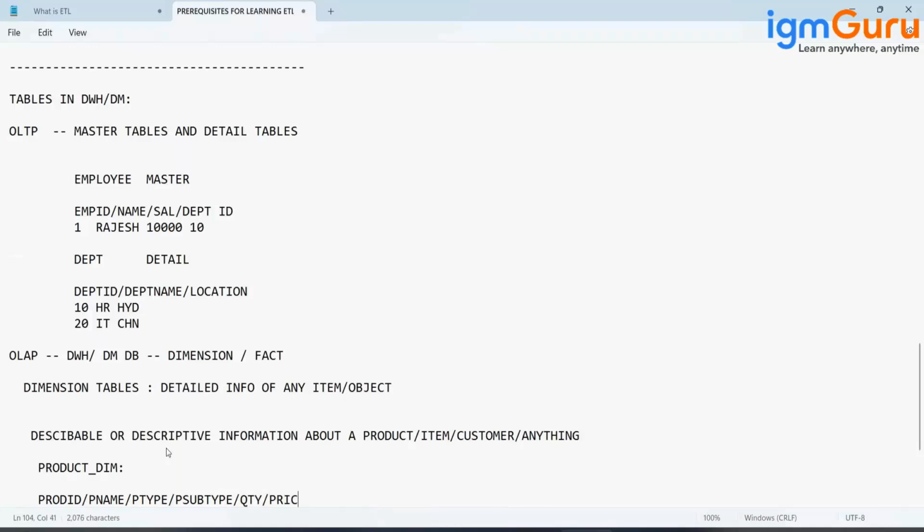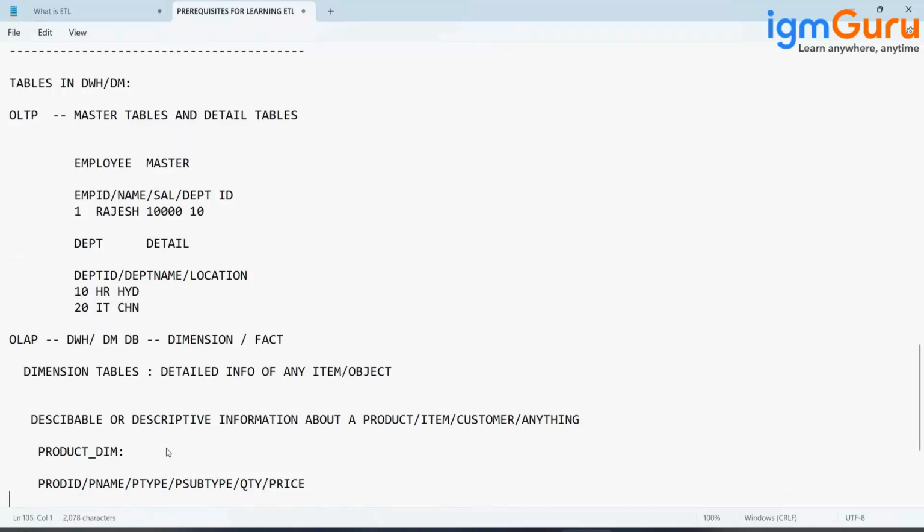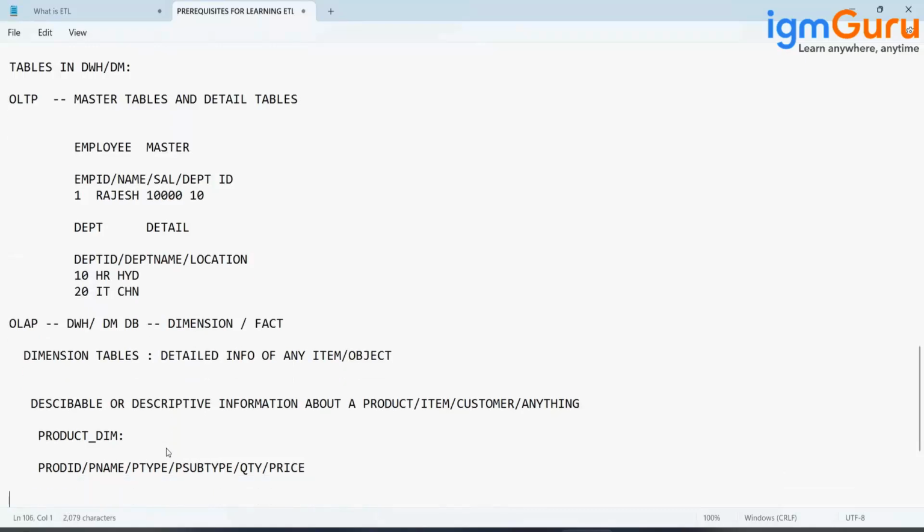All of this is descriptive information, such as which category and subcategory the product belongs to.